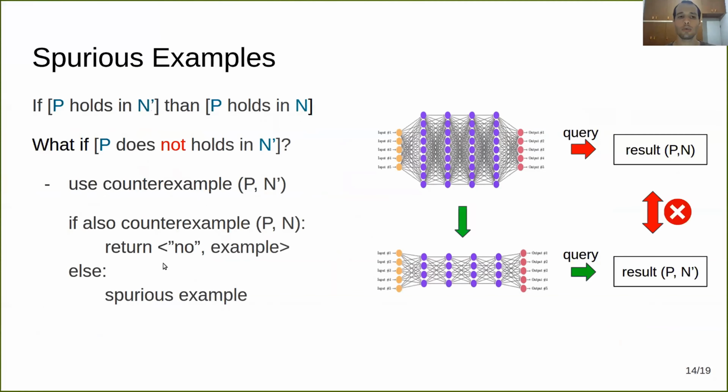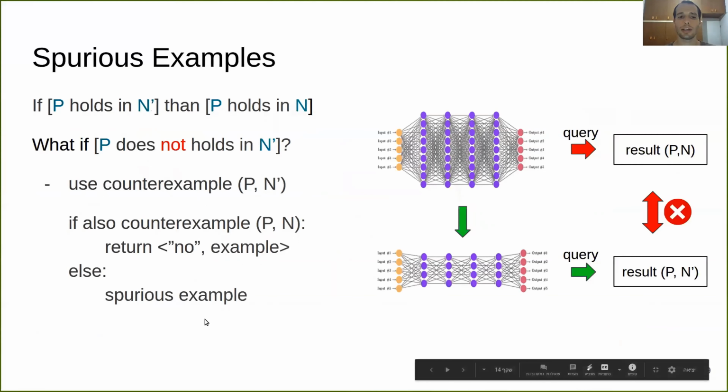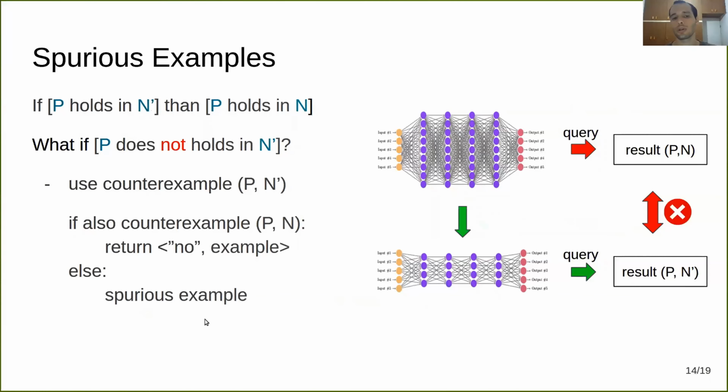If it is, we can return no with this counterexample. But otherwise, this is a spurious example. It is a counterexample in the over-approximation, but not in the original network. And in this case, our over-approximation is not sufficient in order to prove or disprove the property with respect to the original network.